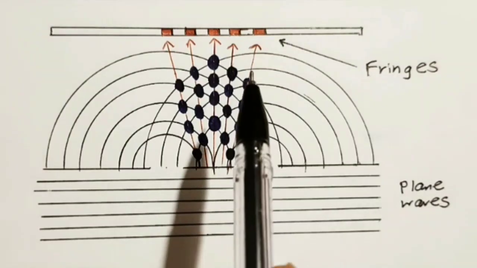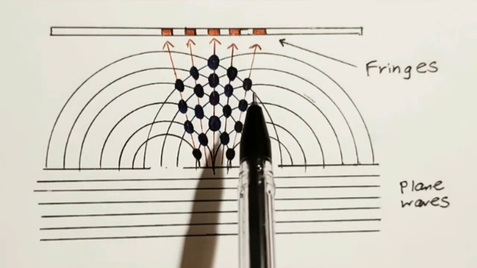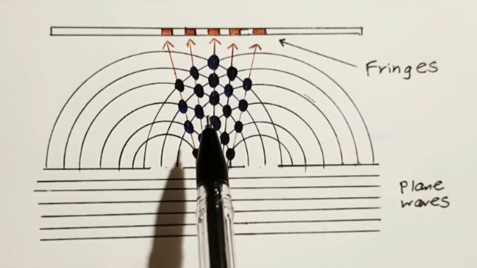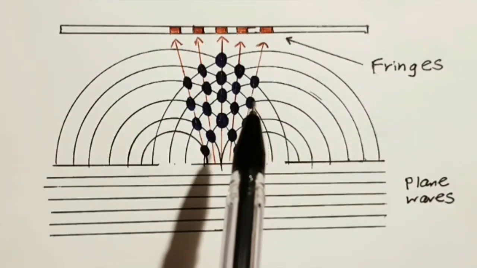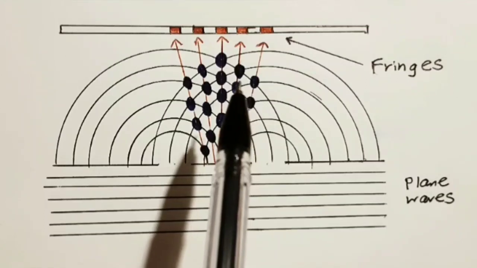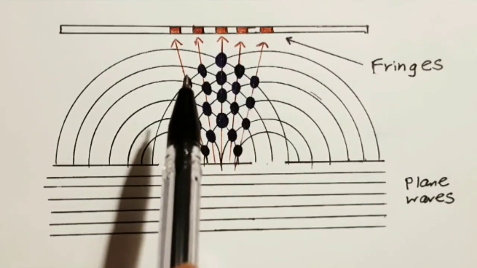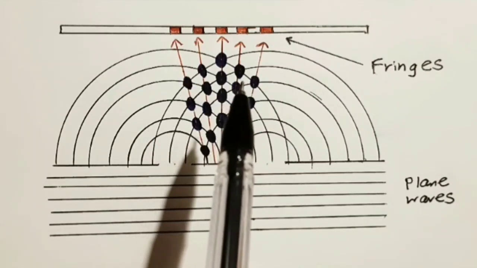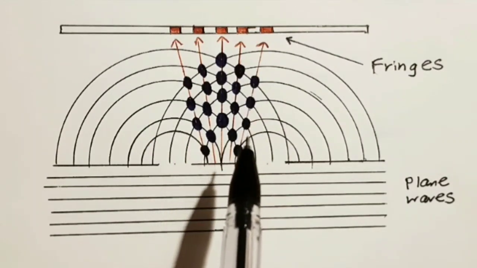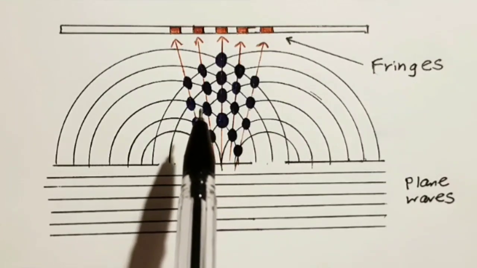So we can see a bright spot at these areas where there are black dots. We can also see dark spots in between them. This is because of destructive interference, and the bright spots are due to constructive interference of these array dots.